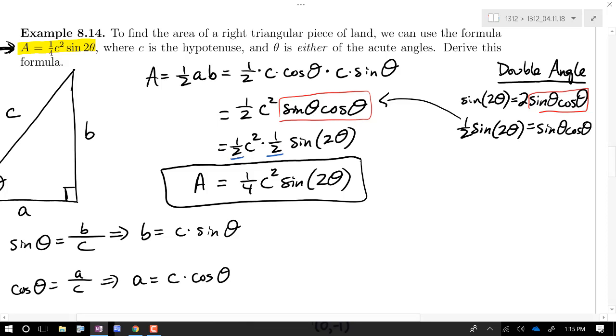Are we having fun? So next time you want to find the area of a triangle, be like, I don't need the legs. Who cares about the legs? I just need the hypotenuse and an acute angle.